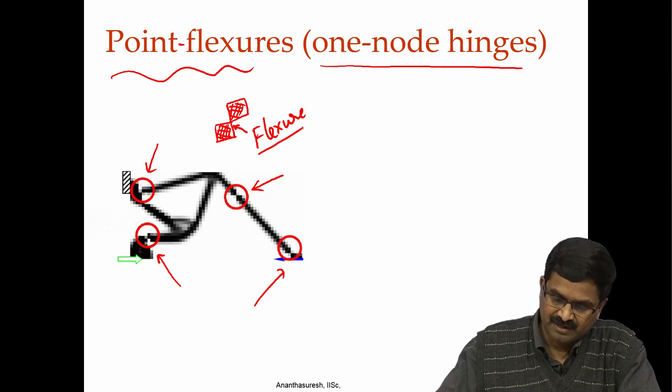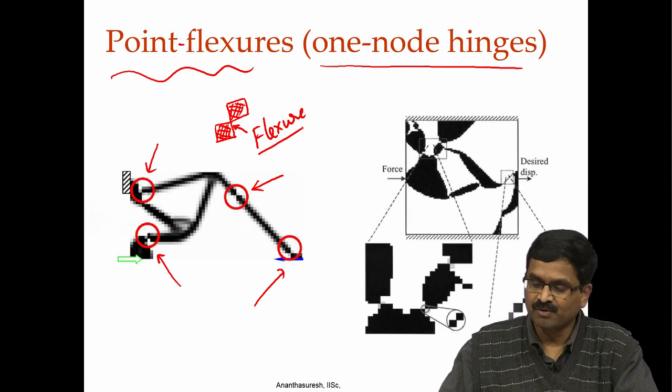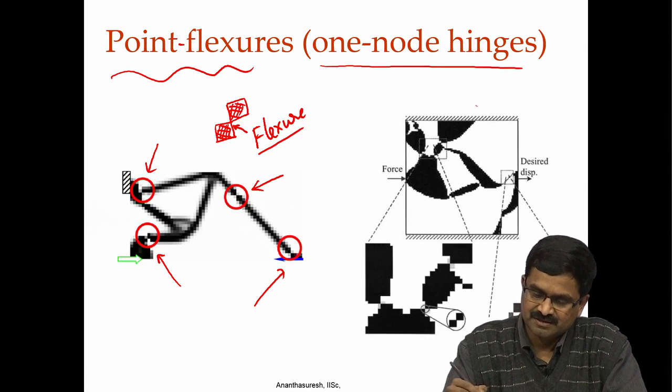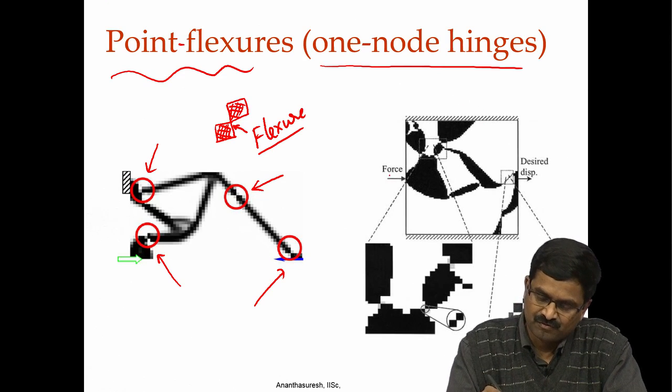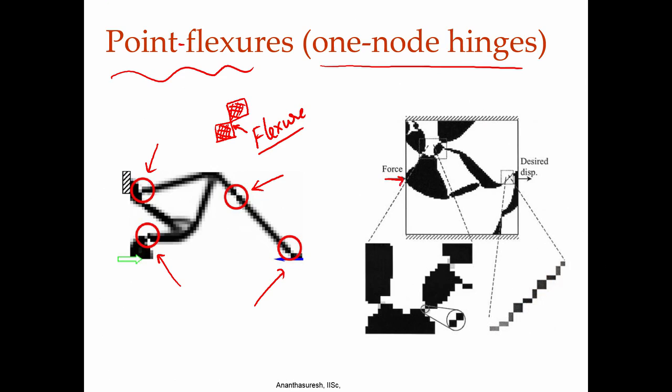And we can take another example, a little bit more complicated, where it is fixed at the top and bottom edge, force is applied over here and we want displacement in this direction. The algorithm for this specification gave a design like this.